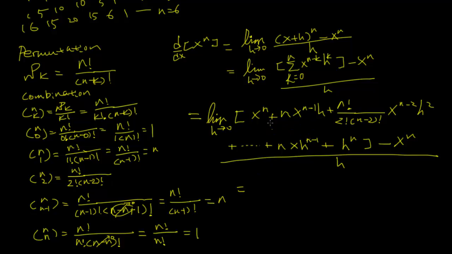Here, x to the nth power cancels out, and here we factor out h and cancel out h.